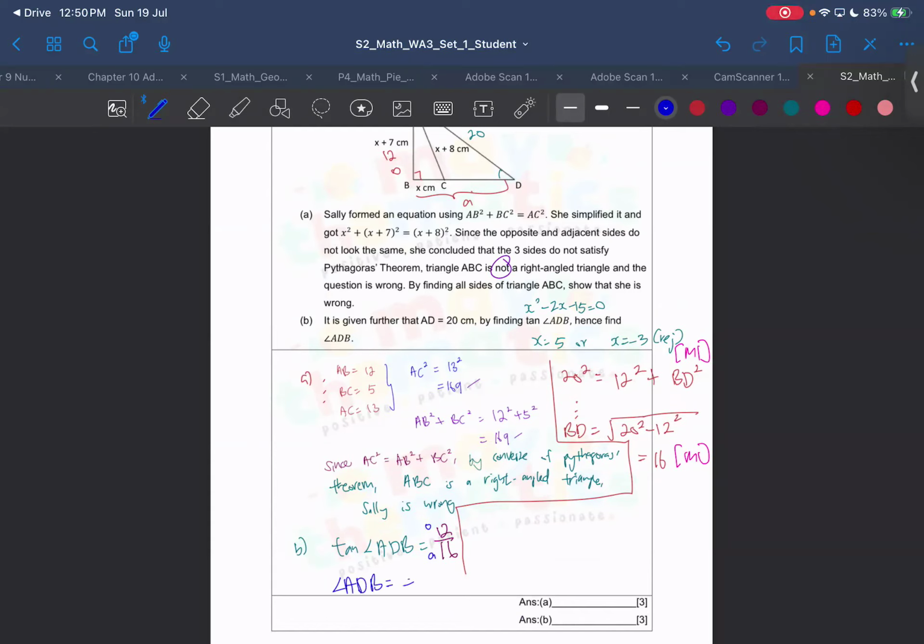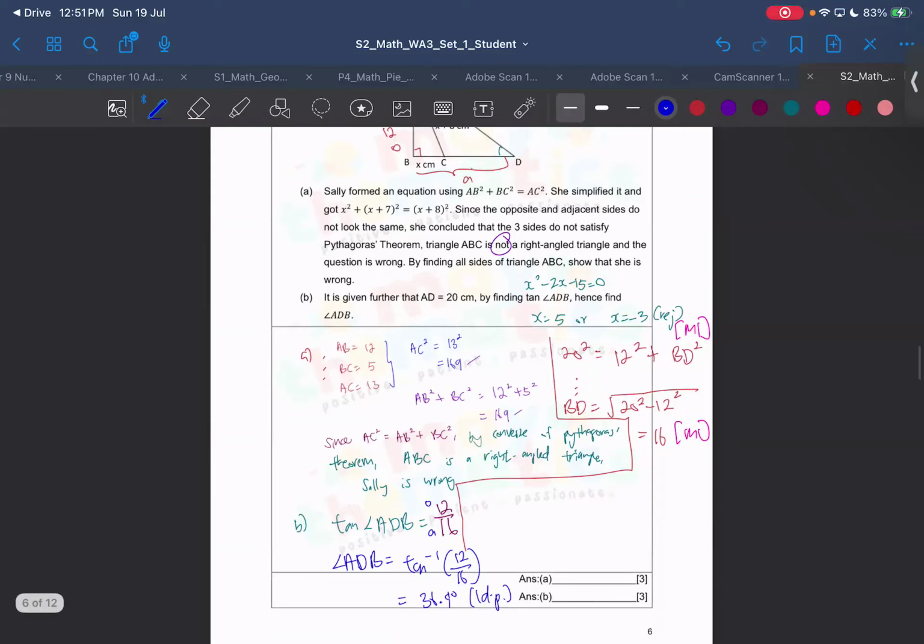Use your tangent inverse, then you will get 36.9. This time your calculator will show you a long string of numbers, so you put it 1 dp. Take note for degrees is usually 1 dp. Otherwise it's 3 SF. Money 2 dp.